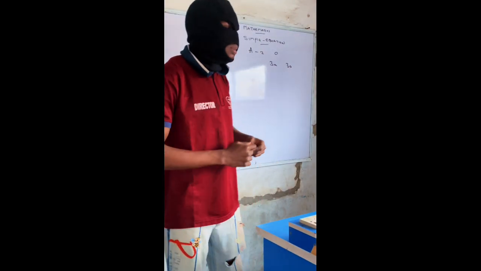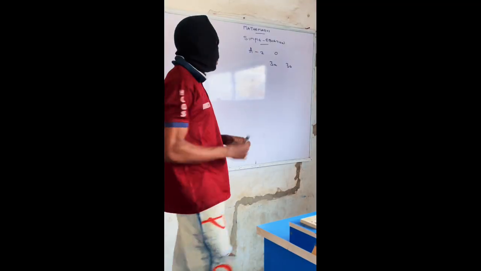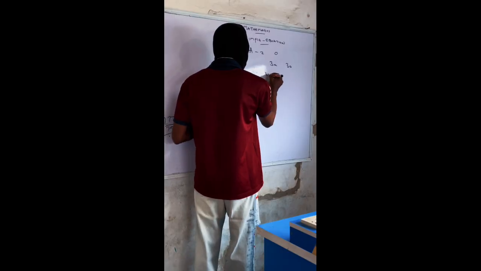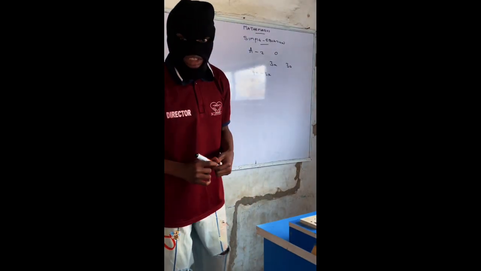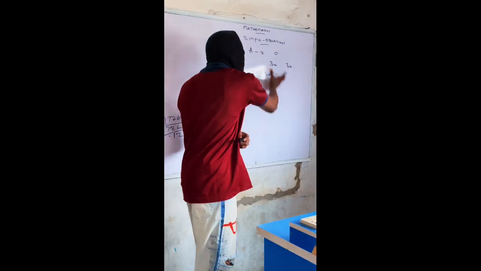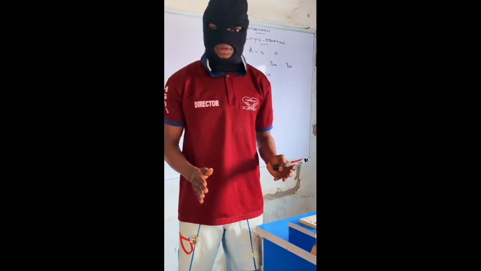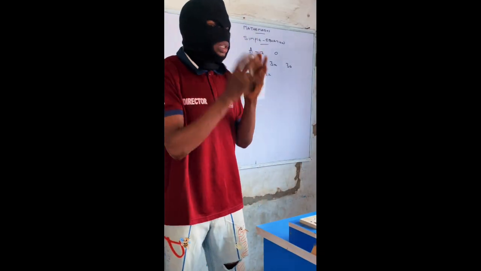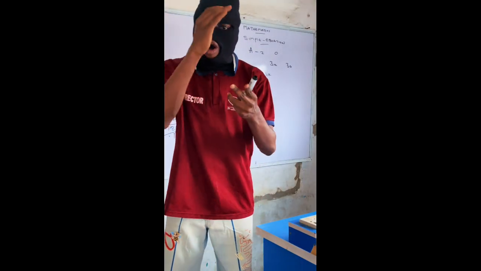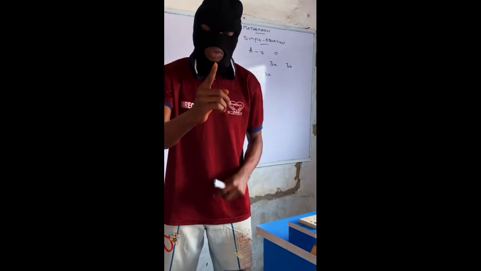Now, let's start. An example, you have 4x minus 3x. Now look at this very well. There are some things you must know in this work we are doing. First of all, make sure that you cannot subtract or add different variables together.